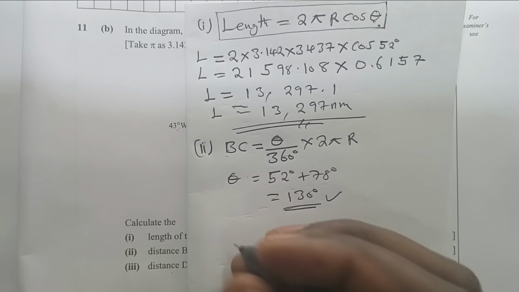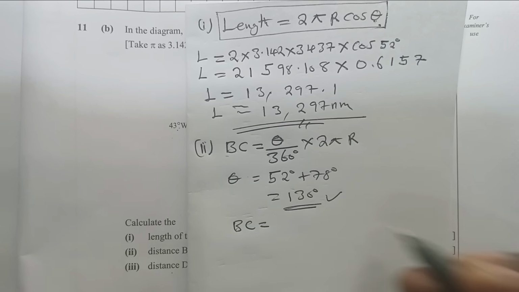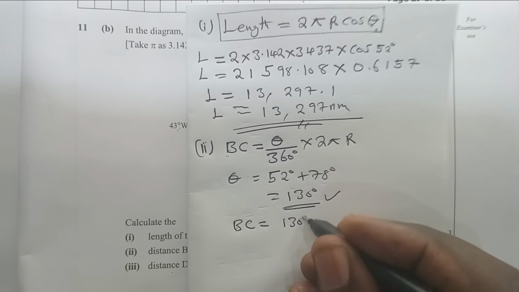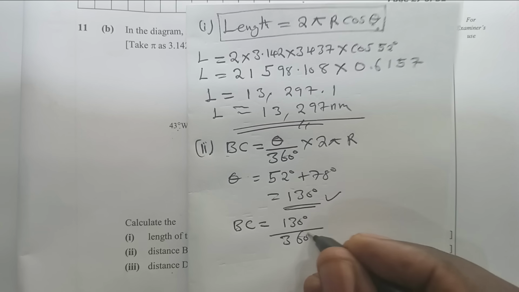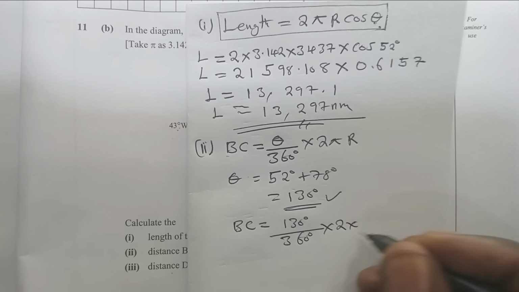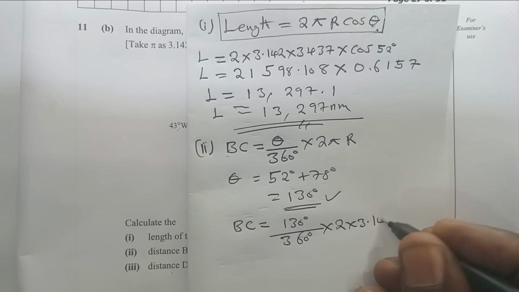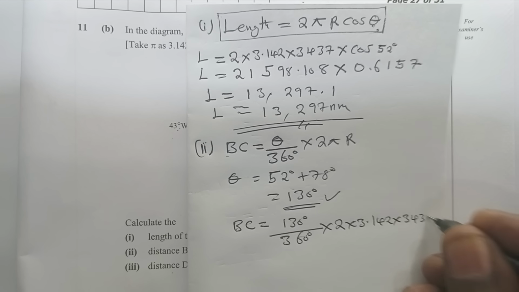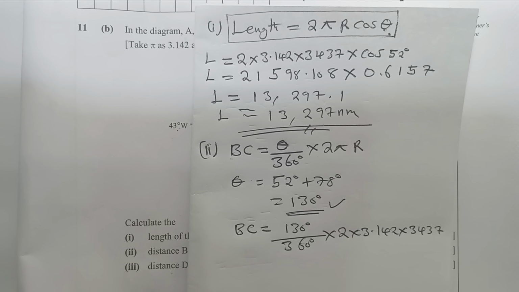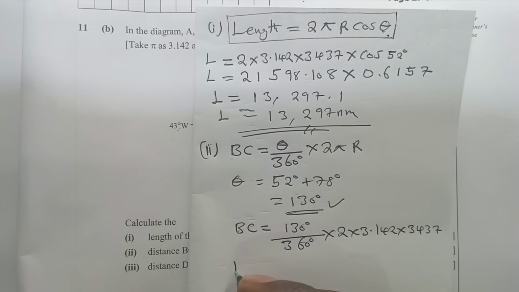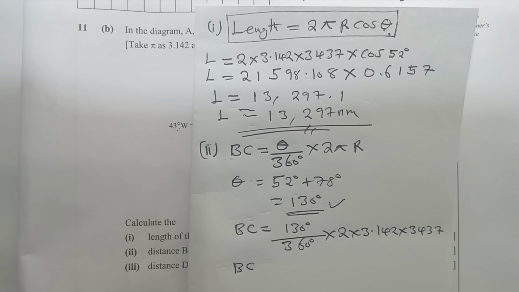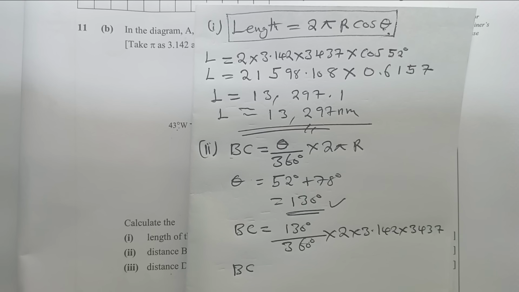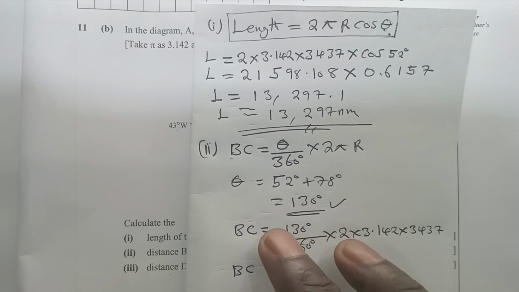So BC is equal to 130 degrees divided by 360 degrees times 2 times 3.142 times the radius, which is 3437 in nautical miles. We can now punch these numbers on the calculator and we should be able to get the value for the distance BC.